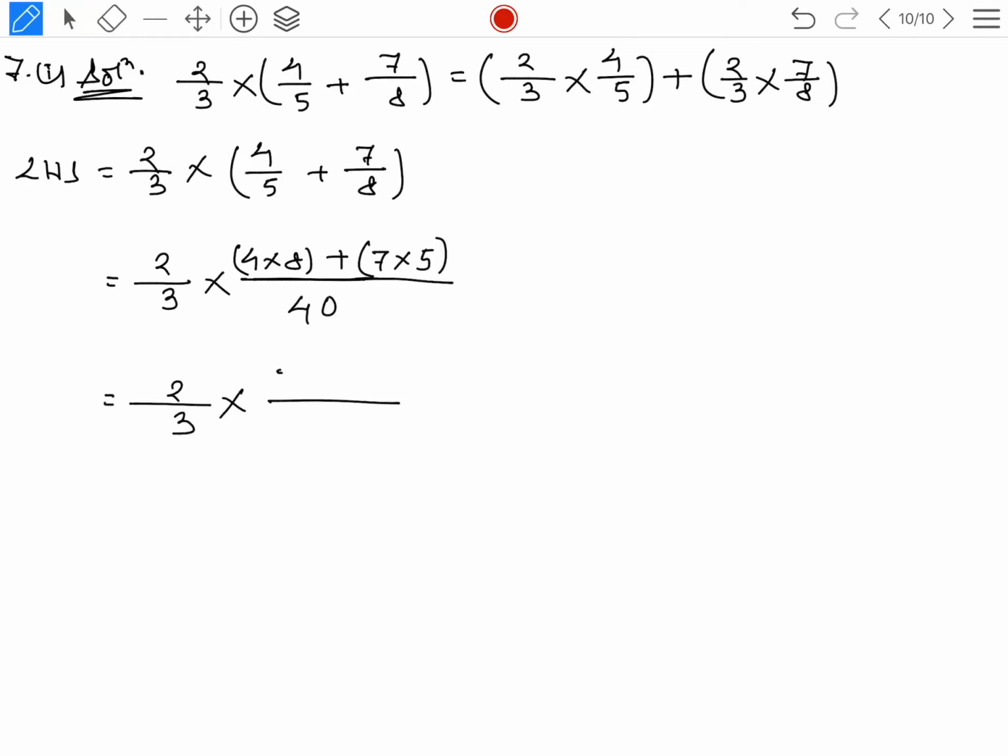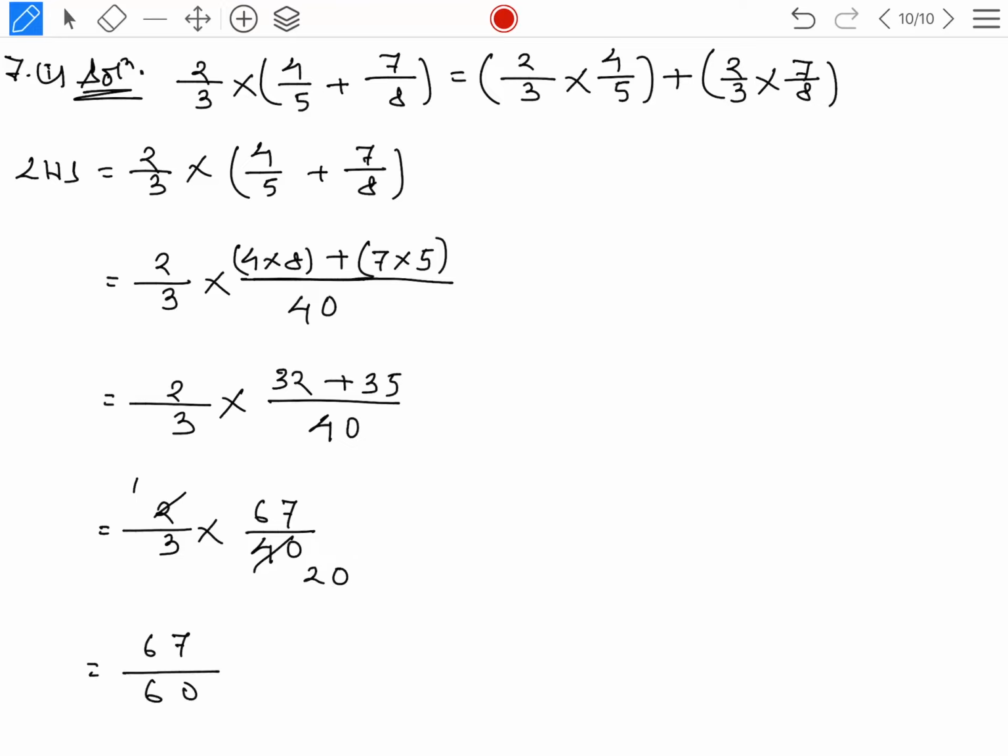So we will get 2 by 3 into 8 4s are 32 plus 7 5s are 35 by 40. So next step, 2 by 3 into 67 by 40. Okay, now see, 2 1s are 2, 2 20s are 40, so what we are getting here is 67 by 60. This is the left hand side that we got.